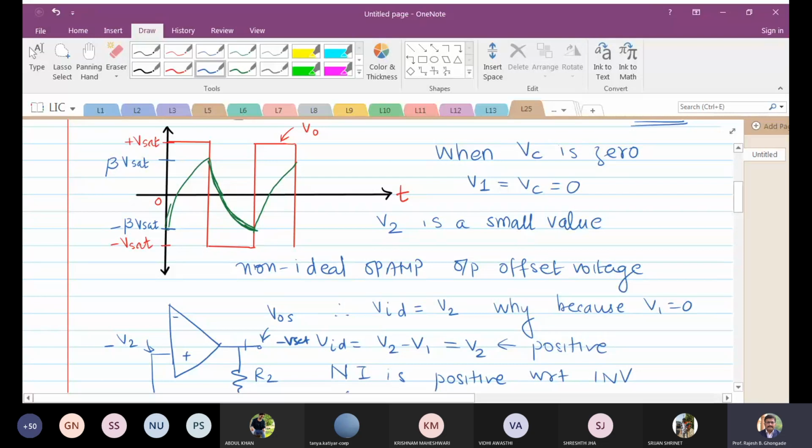So from this point to this point, isn't it? So that is actually the period.